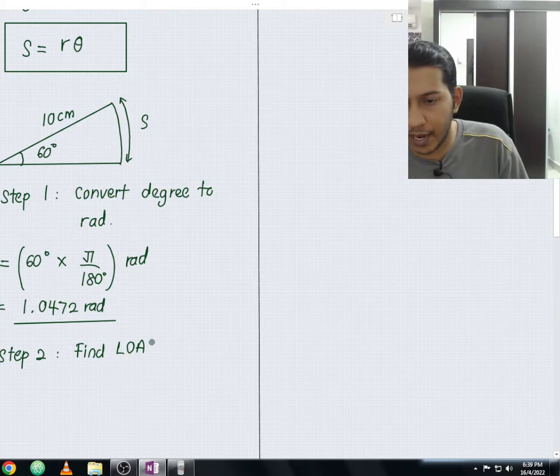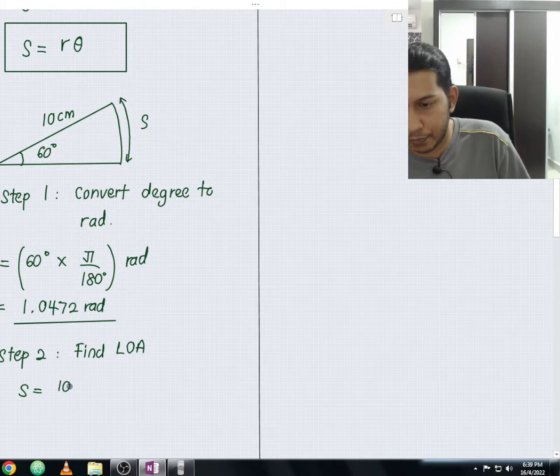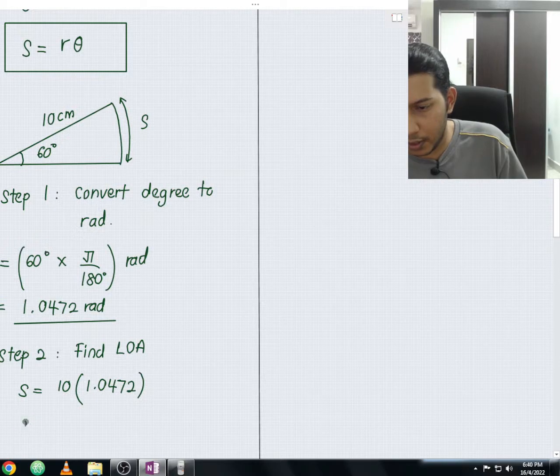So let's find the length of arc. We're going to apply the formula S equals r theta. From here, S equals radius, in this case 10 centimeter, times the angle 1.0472.